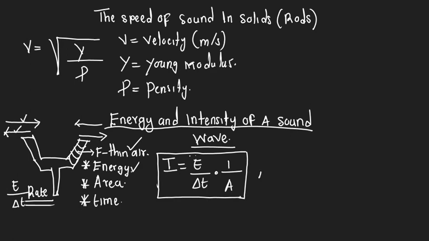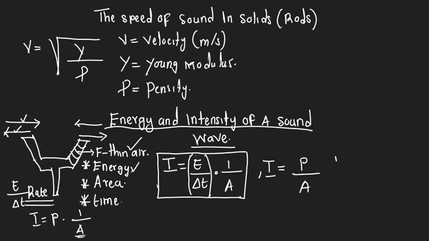So from this formula, we can replace this part with P, because that is called power. So we have P multiplied by 1 over area. Hence our intensity is going to be power over area.